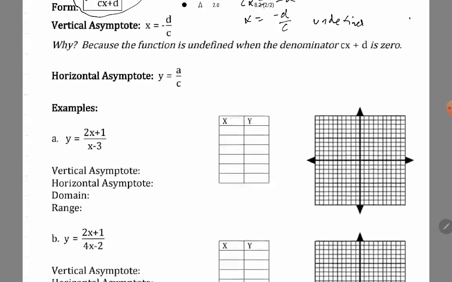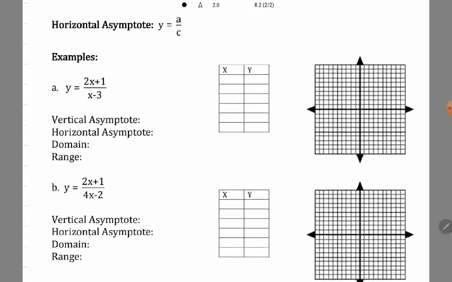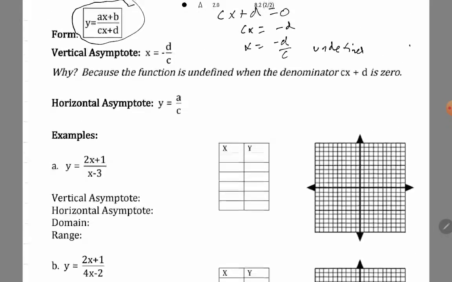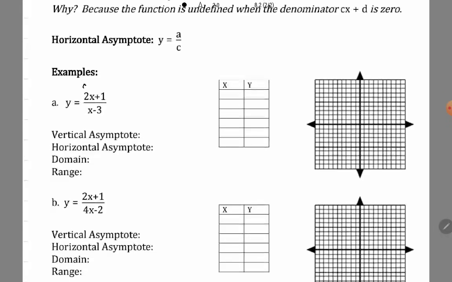Alright, example. So we have a, b, c, d. So c is the leading coefficient. It's not x, it's 1. Okay. So our vertical asymptote is at x equals negative d over c.